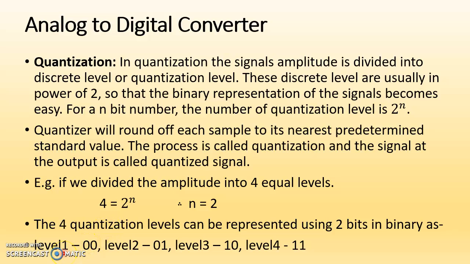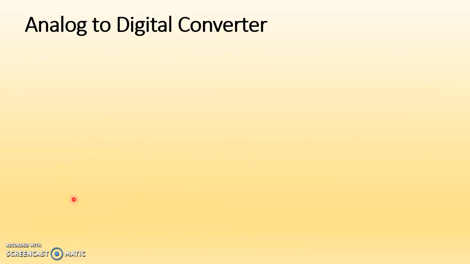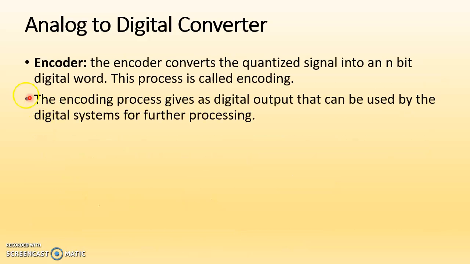It will divide into 4 levels. Level 1 will be 0 0, that is the value 0, level 2 will be 0 1, that is 1, level 3 becomes 2, that is 1 0, and level 4 becomes 3, that is 1 1. These are the binary codes or levels for this analog signal. This is called quantization, which quantizes the signals.